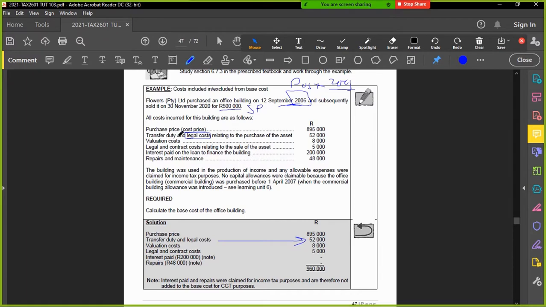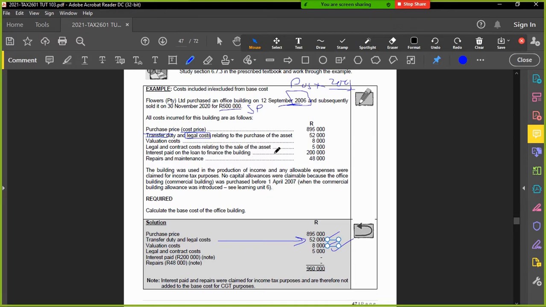Right, so this is transfer duty and legal costs relating to the purchase of assets. I would include the legal costs, not the transfer duty, so 52 is being added because of the legal costs. Valuation costs, add that. That's correct. Legal and contractual costs relating to the sale. That's correct. What else do we have here?